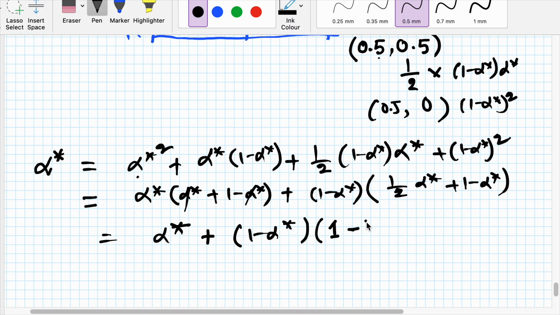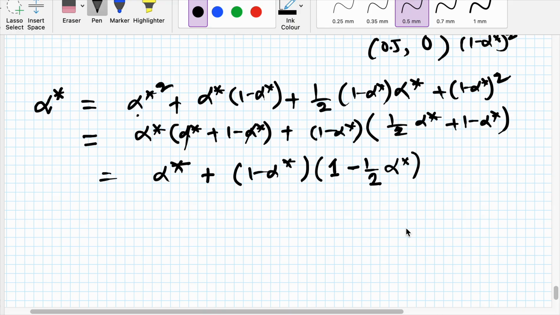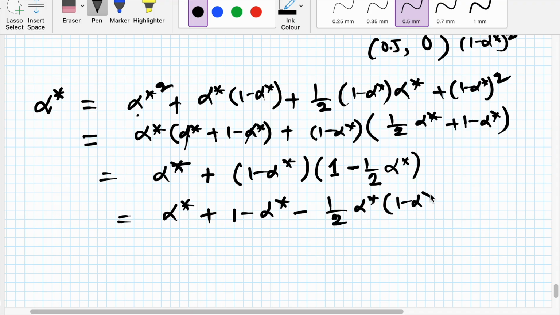into 1 minus half, so this will be 1 minus half, oh sorry, 1 minus half alpha star. Or if I simplify more, alpha star plus 1 minus alpha star minus half alpha star into 1 minus alpha star.